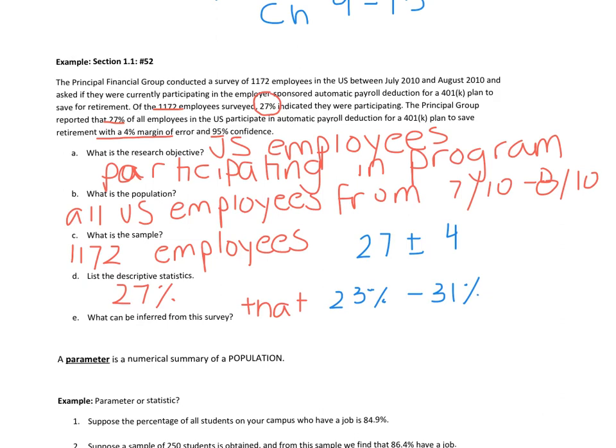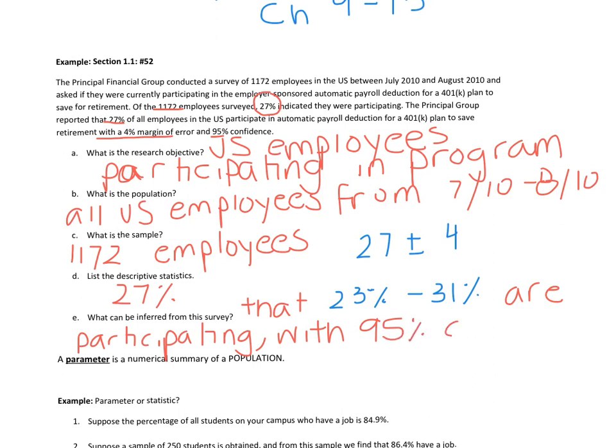That 23 to 31% of U.S. employees are participating. And we would have to say with what confidence? We would say with 95% confidence. All right, and there you go.